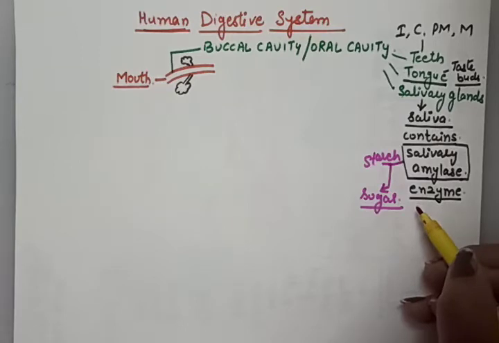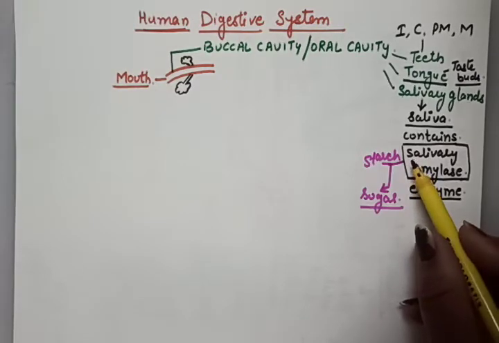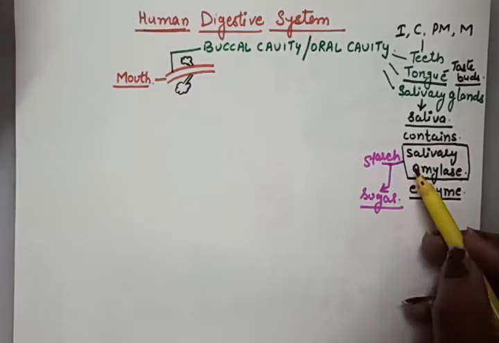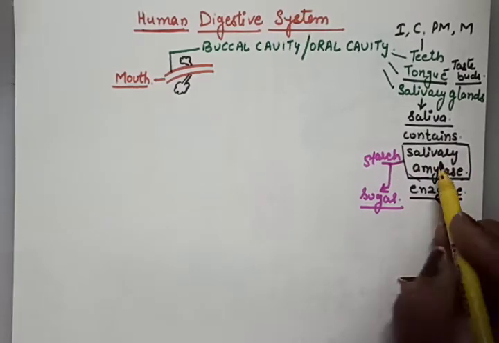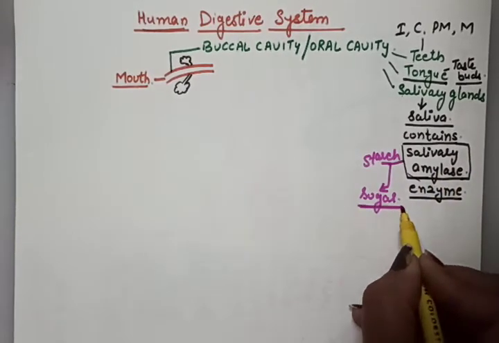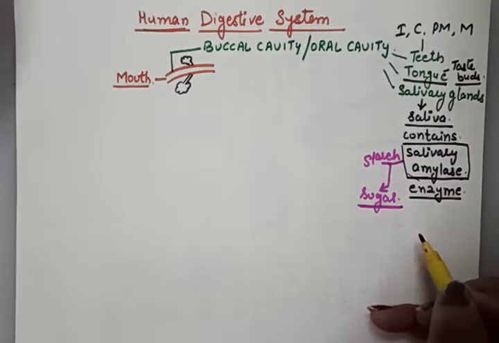That's why after eating bread, chapati or rice, after some time they taste sweet. Why do they taste sweet? Because they all are having the starch, that is a complex carbohydrate, and they get converted into the sugar with the help of the salivary amylase. Okay, that's why they taste sweet.